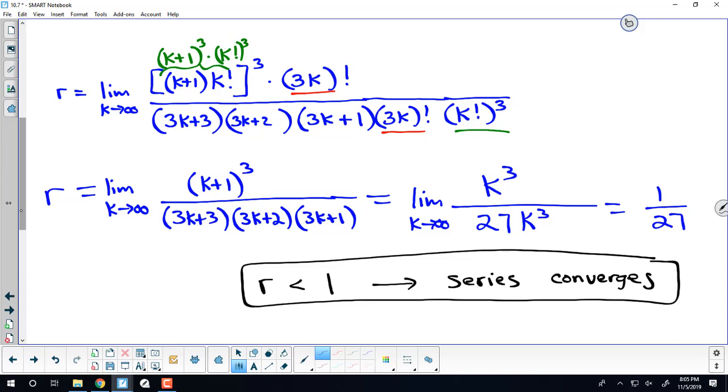But we have to know for what values it converges. And that's really where these tests help us out. Those last two examples we're not going to do because of time.